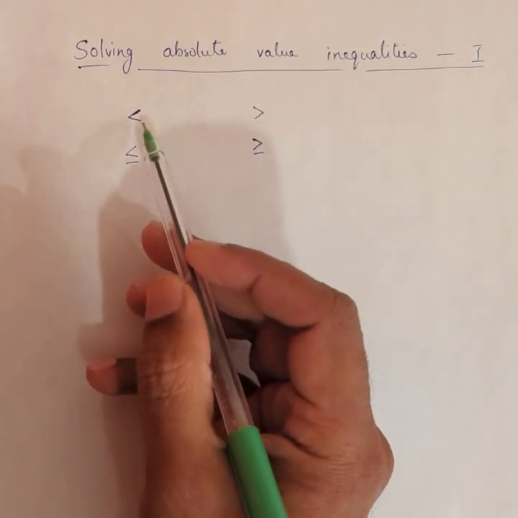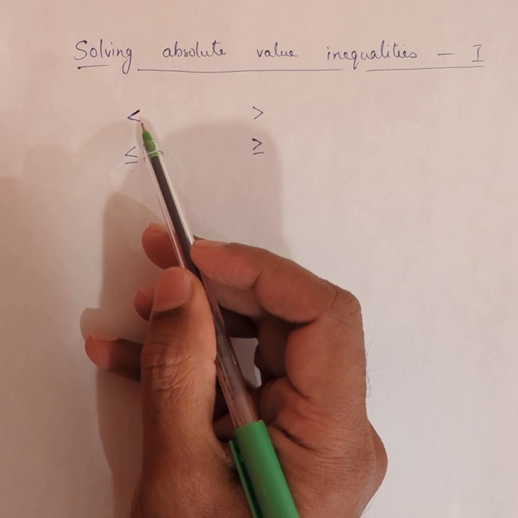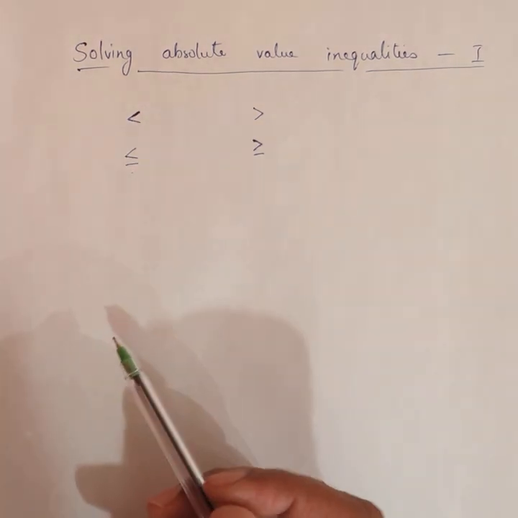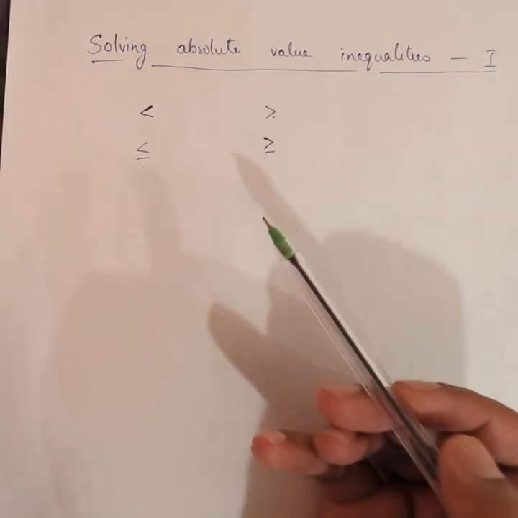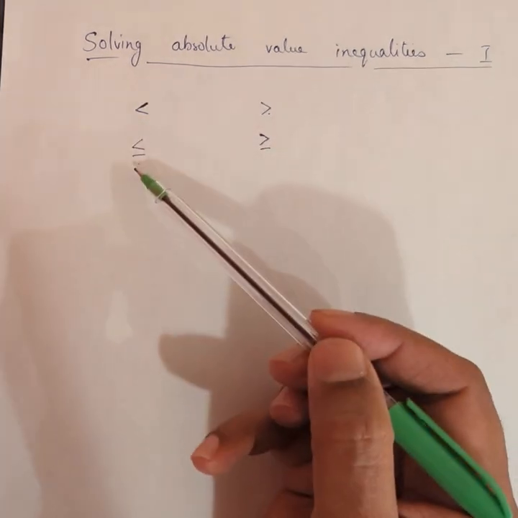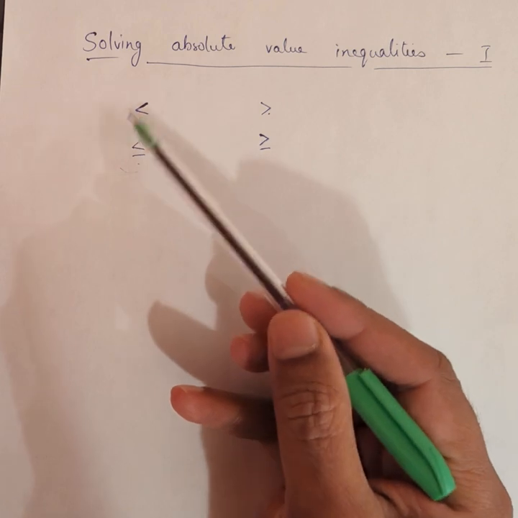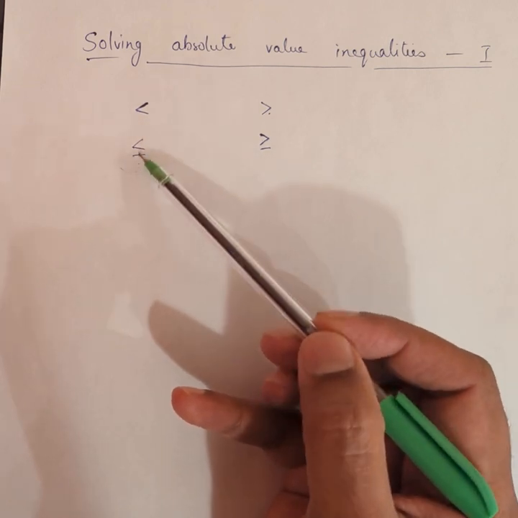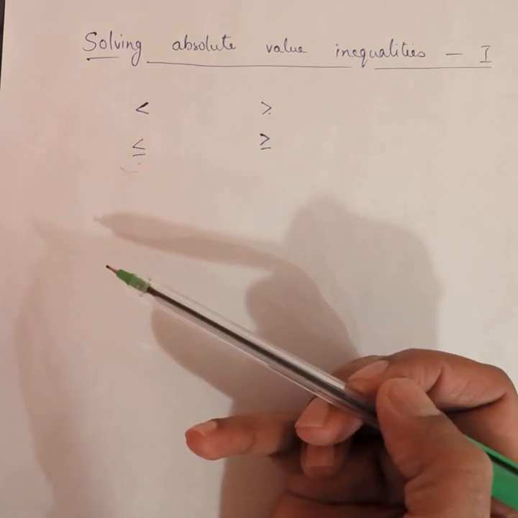So there are these four kinds of inequalities: less than, greater than, less than or equal to, greater than or equal to. In this part, we will focus only on these two inequalities: less than and less than or equal to.